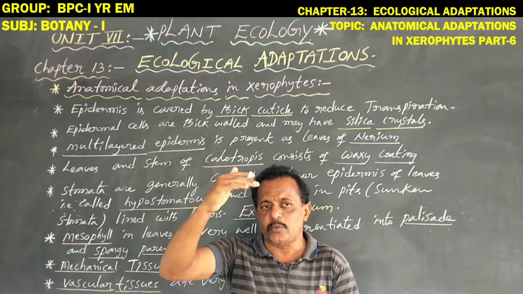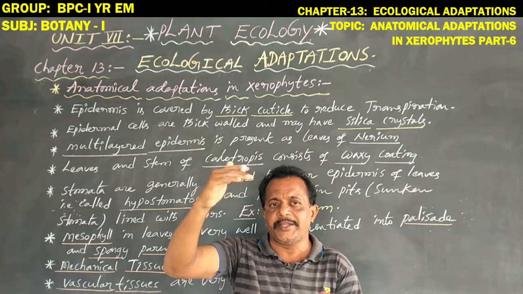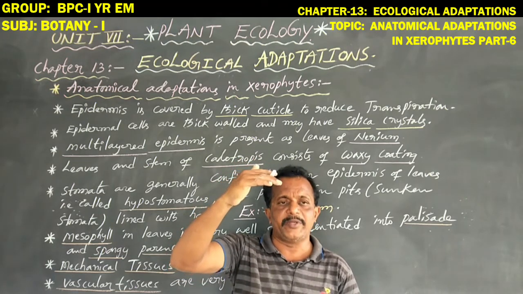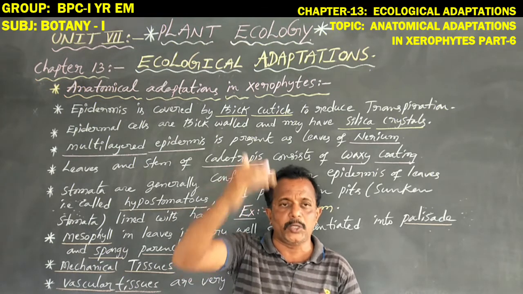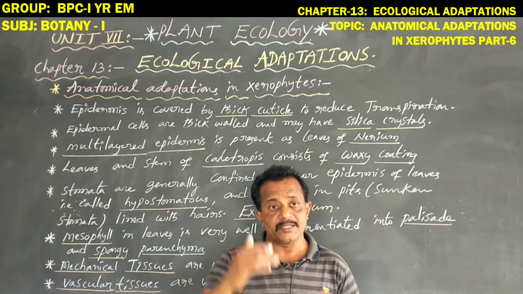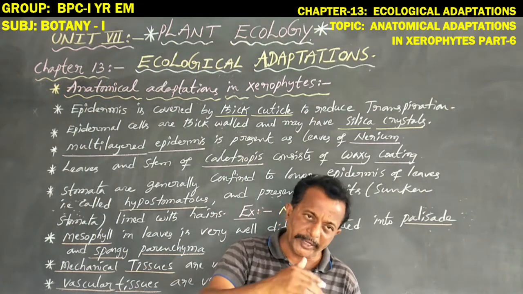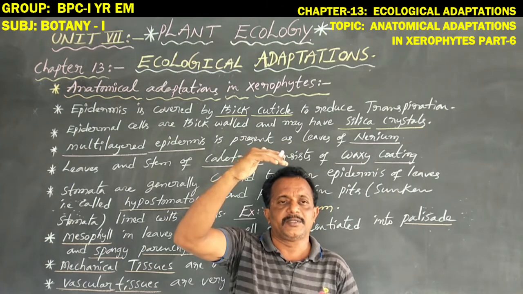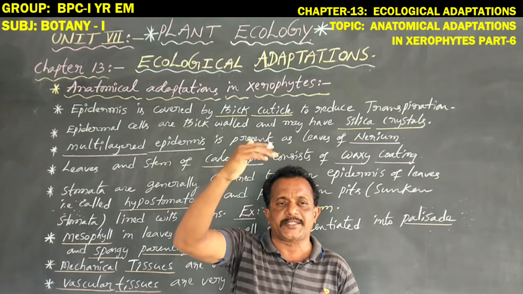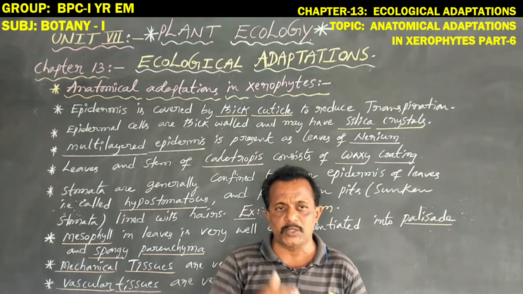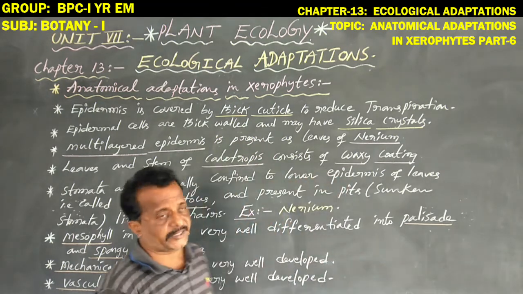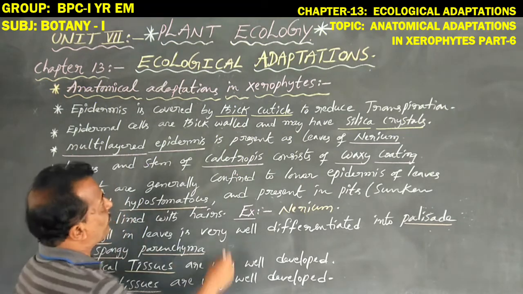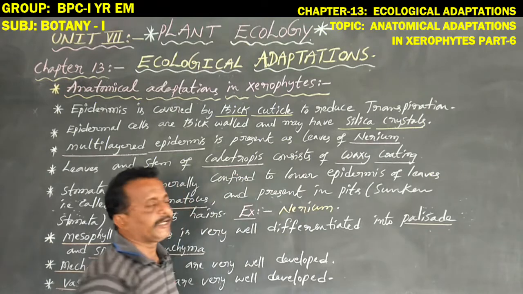But especially in xerophytic plants, as can be clearly seen in the Nerium leaf, the upper epidermis is multi-layered, meaning more than two layers, up to 6 to 7 layers. That is a multiple epidermis, present in the leaves of Nerium.